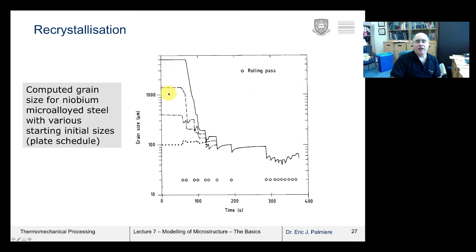In spite of these very different starting grain sizes, as we begin to deform, as the model predicts, we see a convergence of the grain sizes, again going through this periodic deformation and recrystallization response, leading to a final grain size, in this case, on the order of 60 microns.